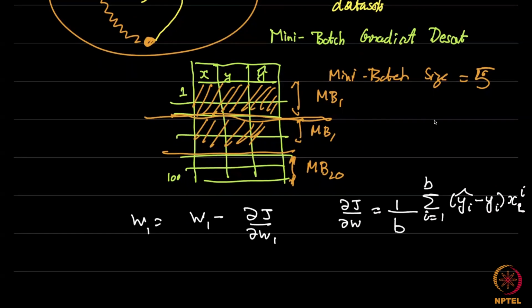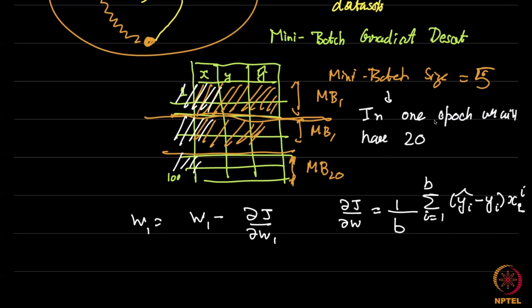So first we will take an average over the first 5 points, next over the next 5 points, third time over the third 5 points. So basically, in one epoch, we will have 20 updates.